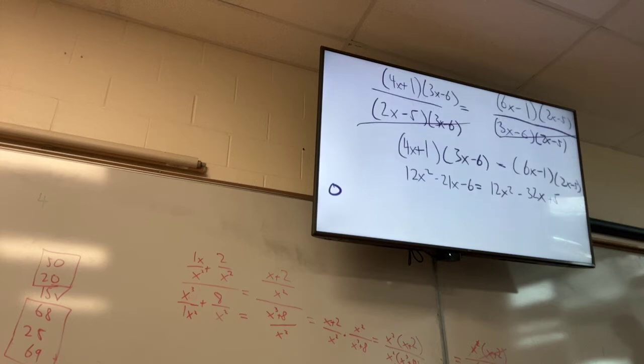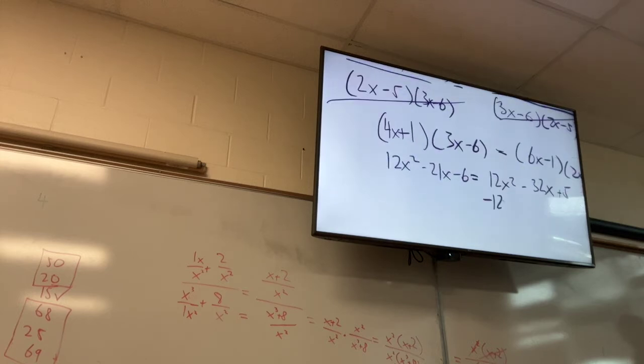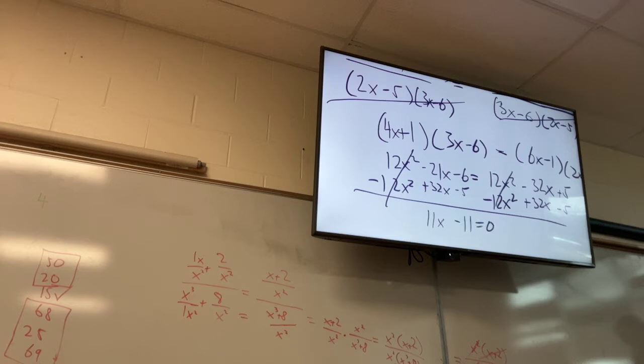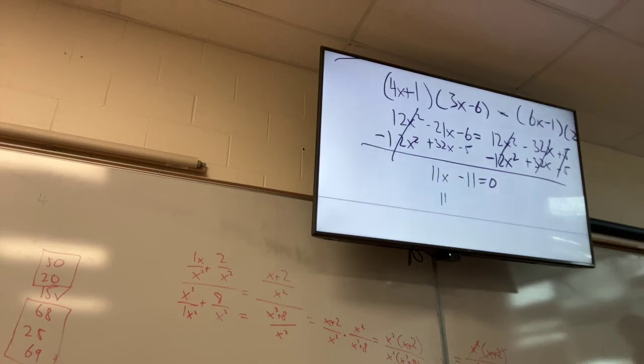Right, because when you go to put it in standard form, you subtract 12x squared from both sides. Right, we're trying to get a 0 on one side. When we do that, the x squareds cancel, and we're just left with 11x minus 11 equals 0. Okay, that's not too hard to solve.